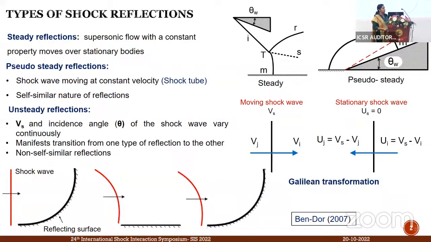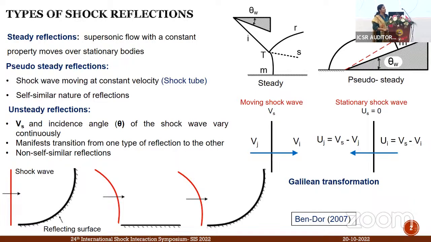Coming to pseudo-steady reflections, a plane shockwave at constant velocity moves over plane surfaces. This kind of reflection is mostly self-similar in nature. They just grow in size with distance or time.